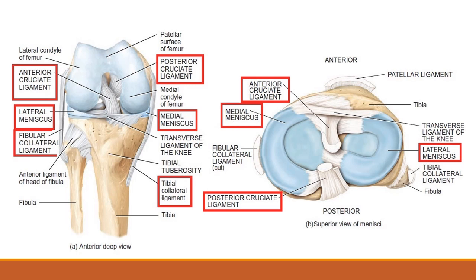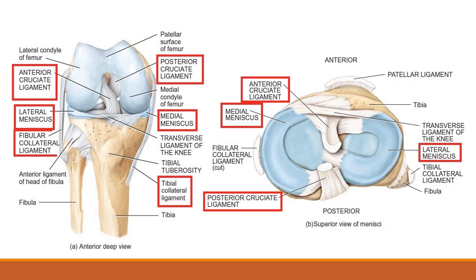In regards to the collateral ligaments, the medial collateral ligament runs from the medial epicondyle toward the medial aspect of the tibia, and it's firmly attached to the medial meniscus. That provides a lot of stability to the meniscus, but it makes it more rigid and amenable to injuries.